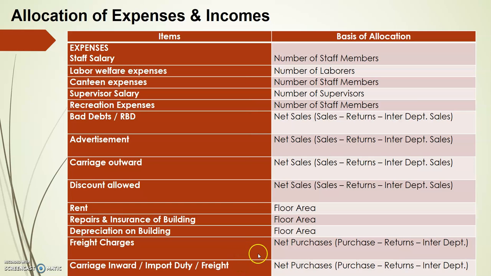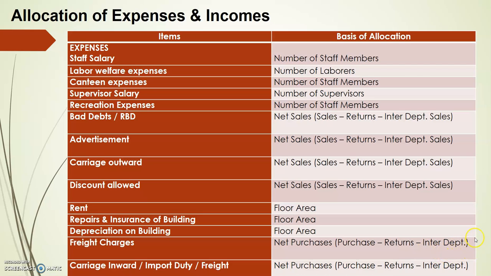which are related to purchases will be allocated based on the net purchases. Once again, net purchases means purchase minus returns minus interdepartmental purchases.